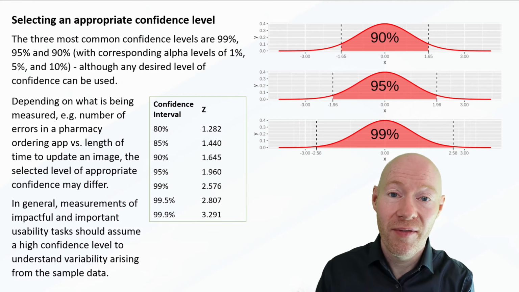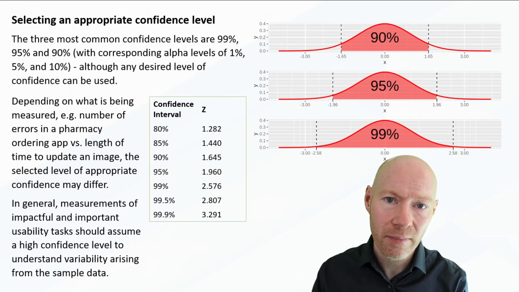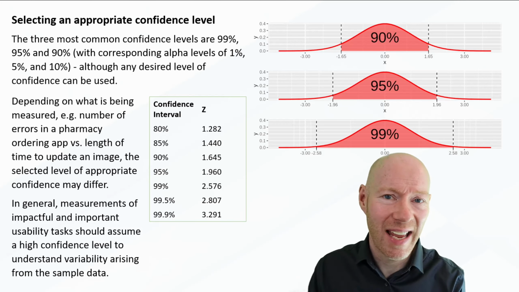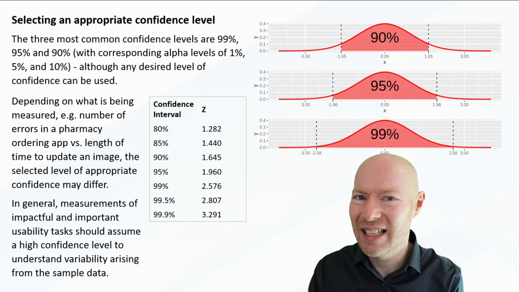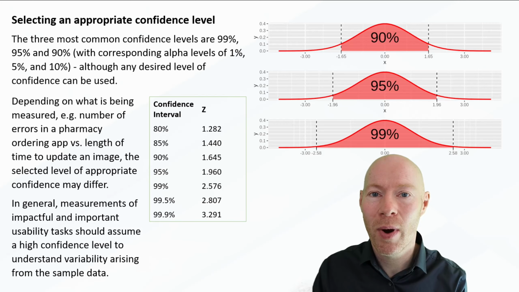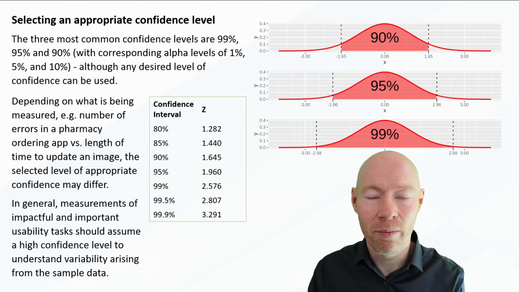What is the appropriate value? It really depends on what you are measuring. Generally, you probably don't want to drop under 90% or 95%, just depending on what you do. There may be some cases where it is a particularly important aspect that you're measuring.